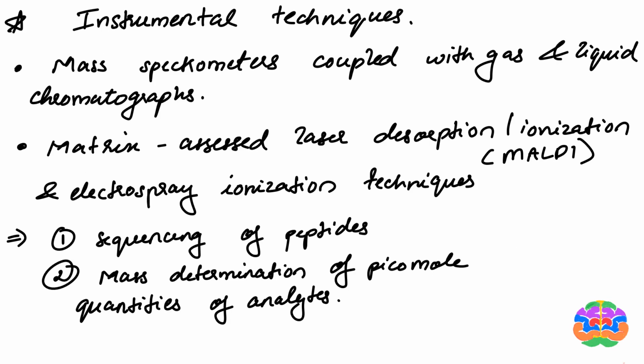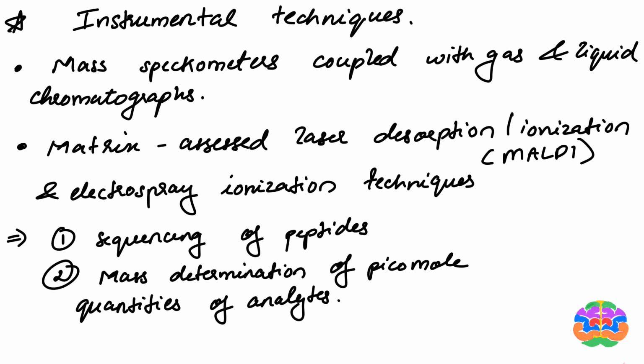Finally, the instrumental techniques, mainly mass spectrometers coupled with gas and liquid chromatograph, the matrix assisted laser desorption or ionization, which is known as MALDI, and electrospray ionization techniques. These are the most advanced techniques.